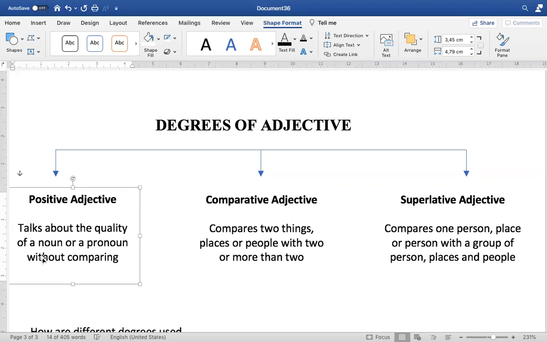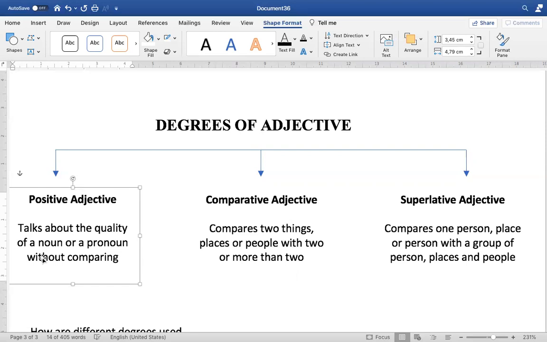If I compare both of them together, then I'll have to use a comparative adjective. I can say my green marker is newer than the red marker. I'm comparing one marker with another marker. So I'll have to use the comparative form of the adjective. And then we have got the 3rd degree.